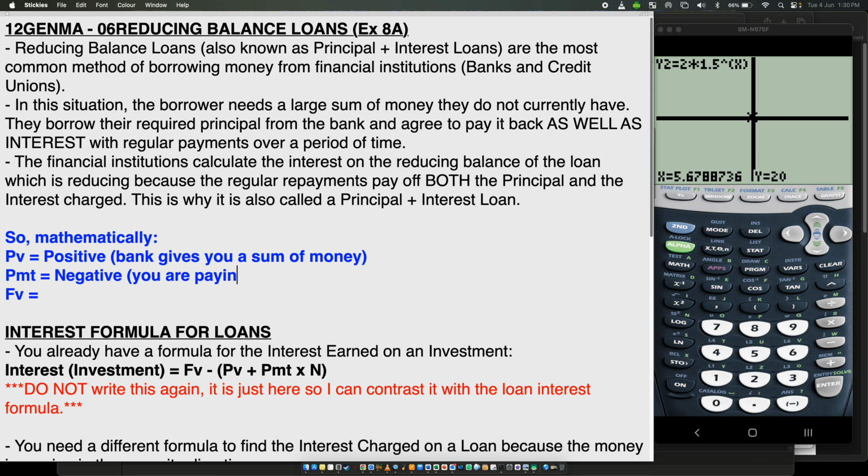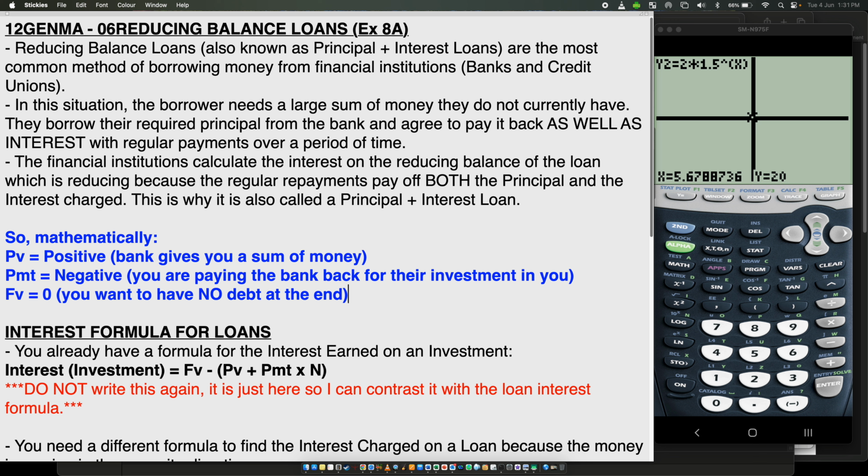You are paying the bank back for their investment in you. Basically, the bank is investing in you because they're making money off of you through interest. At the end of a loan, what do you want FV to be? What do you want to owe the bank at the end of a loan? Zero. You want to have no debt at the end.